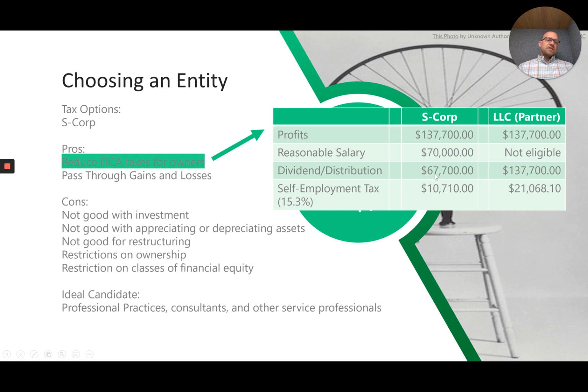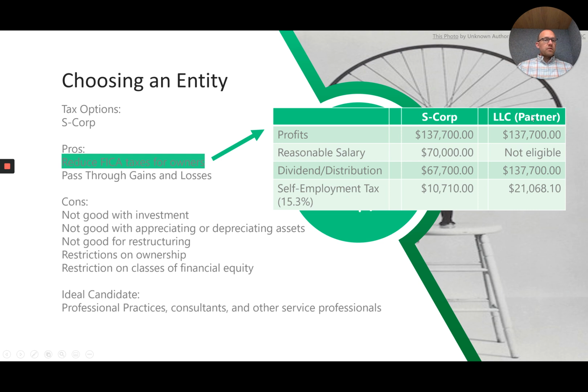That would leave $67,700 as a dividend for the S corp. At the end of the year, when I go to pay my self-employment taxes, I only have to pay self-employment tax, which is a 15.3% tax, on my reasonable salary and not on this $67,000 portion. So I only pay $10,700 in self-employment tax.